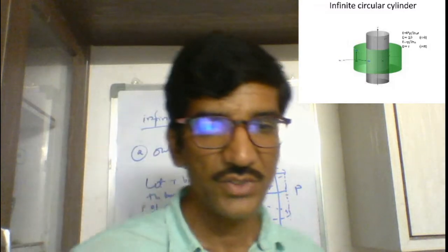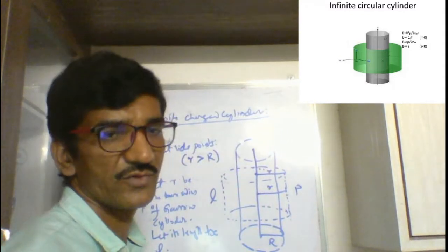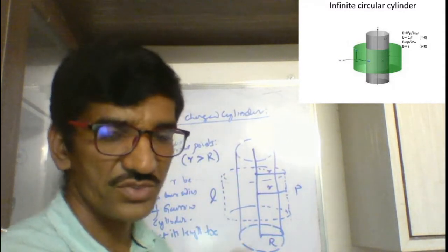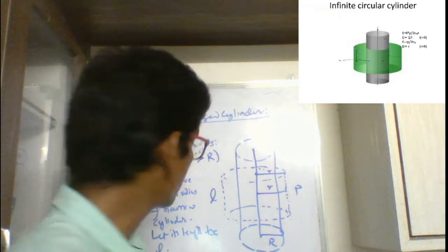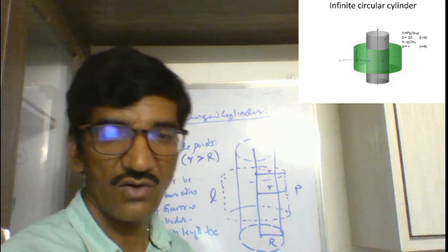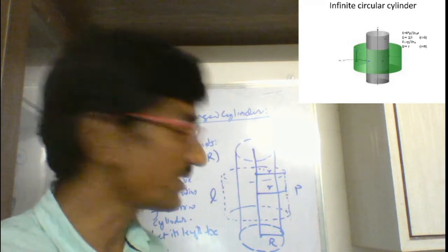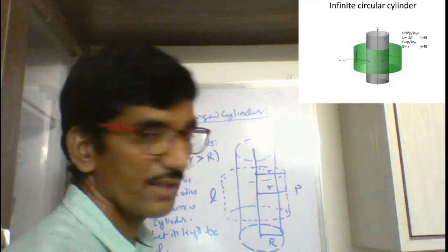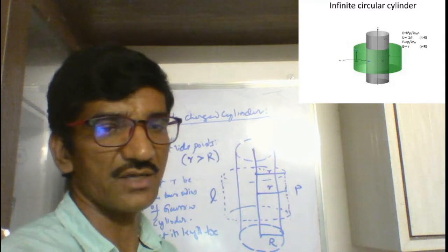Now we have formulated the problem. We have drawn the original object, we have drawn the imaginary surface, and we fixed the dimensions of the object as well as the imaginary surface. Now we have to apply Gauss law.